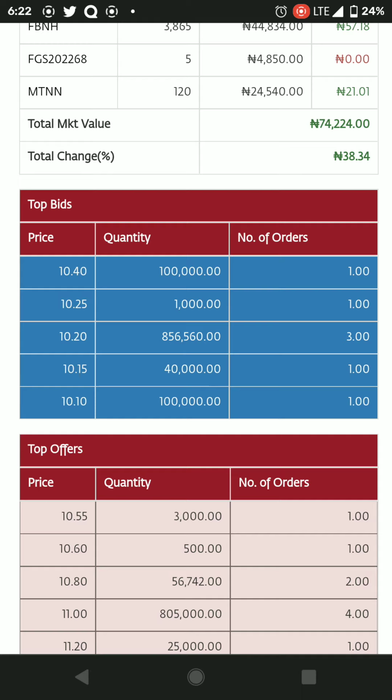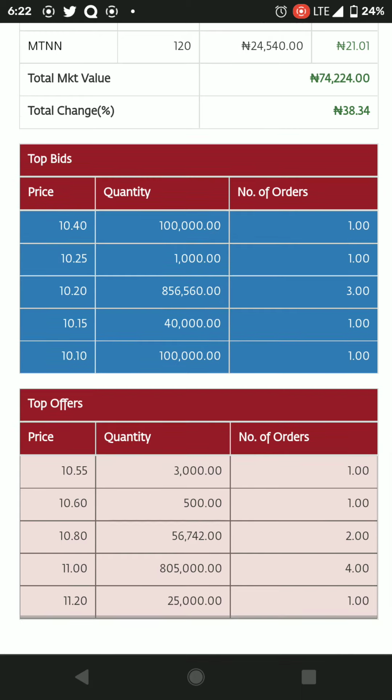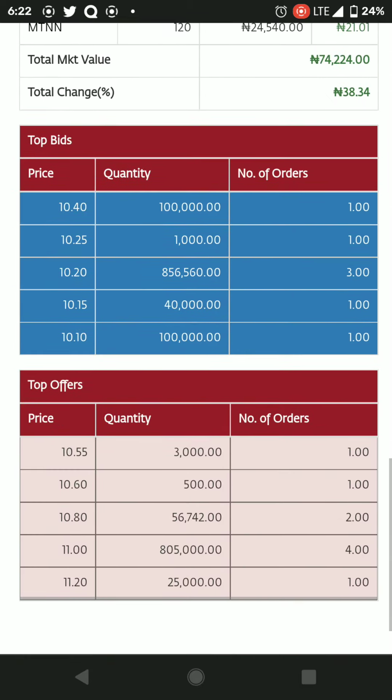So somebody is ready to buy at 10.40, another person 10.25, 10.20, 10.15, 10.10. The current price of this stock is 10.50, meaning that you are seeing all of these because they are pending orders. They want to buy it at a price that is less than the current market price. So they are actually limit orders.